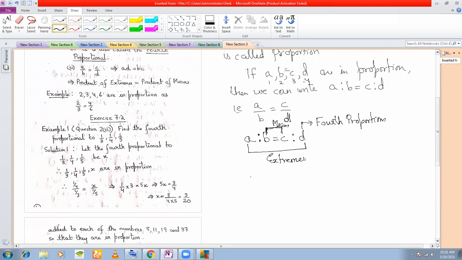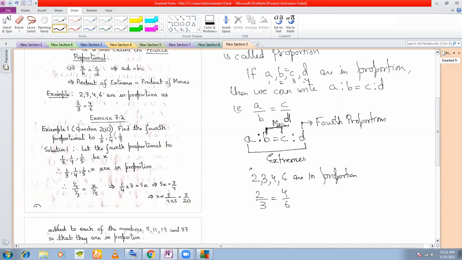I've given you an example also. If 2, 3, 4, 6 are in proportion, then you can write 2 by 3 is equal to 4 by 6.